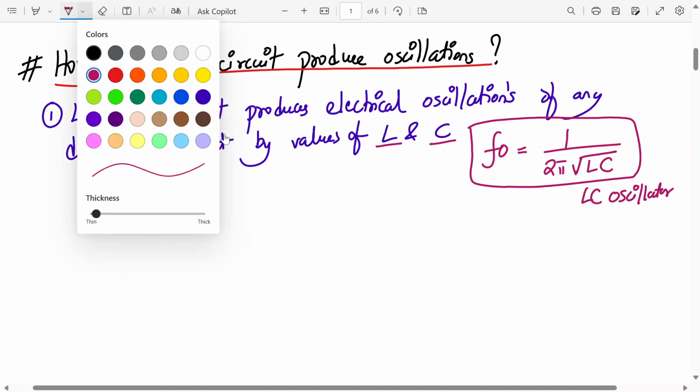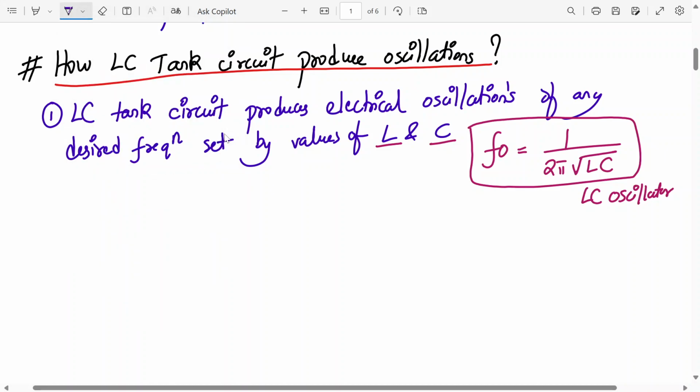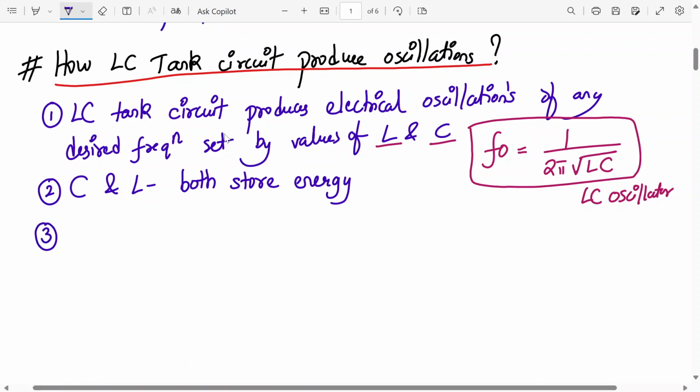So you have heard of a capacitor and an inductor, right? Both are energy storage elements. So your capacitor C and L both store energy. Okay. So how does the inductor store energy? Let us write this point.